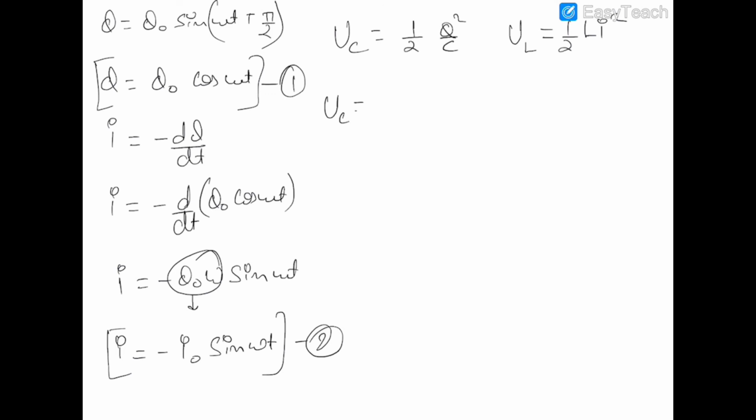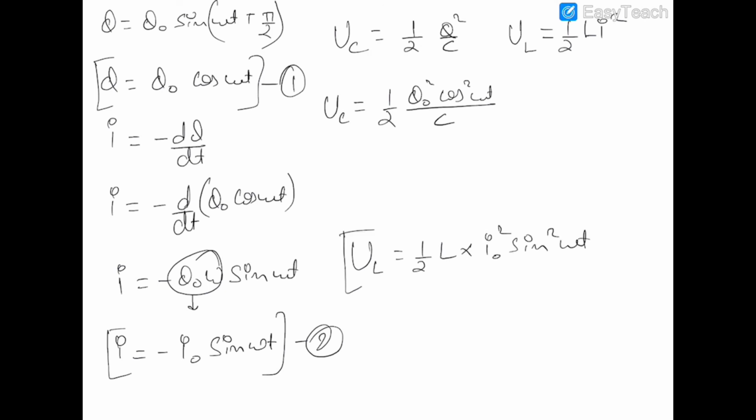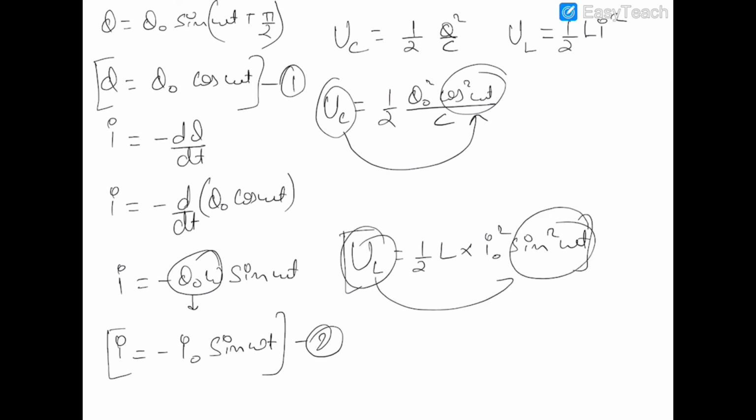So UC will be equal to half q naught square cos square omega t divided by C, and UL will be equal to half L into I naught square sine square omega t. So the energy stored in the capacitor is a function of cos square omega t, and the energy stored in the inductor is a function of sine square omega t.